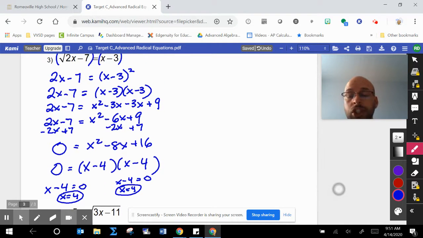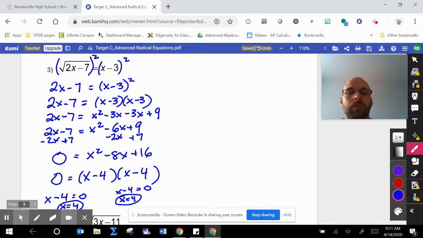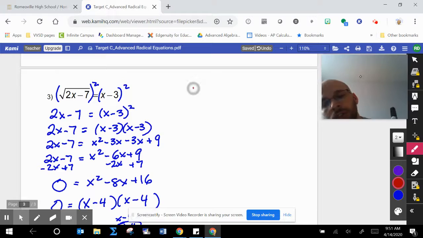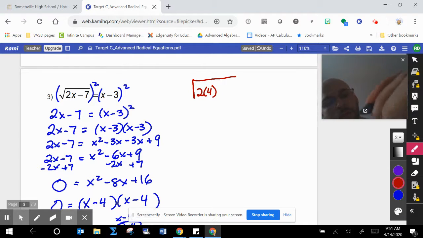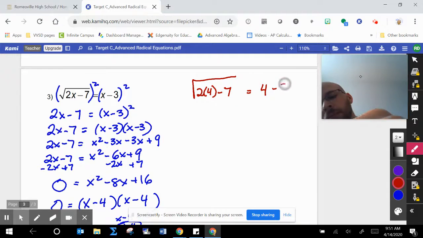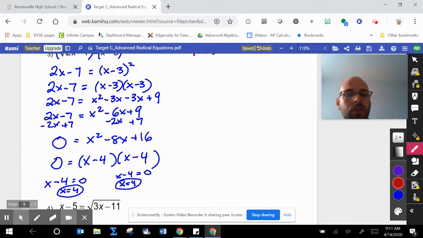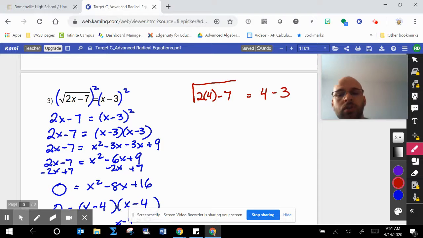All right, but we do need to check that answer, right? So what I'm going to do is I'm going to take that 4 and I'm going to substitute it into the original problem. So the square root of 2 times 4 minus 7 is equal to 4 minus 3, right? So everywhere I have an x value, I'm substituting in my value that I got from my solution.